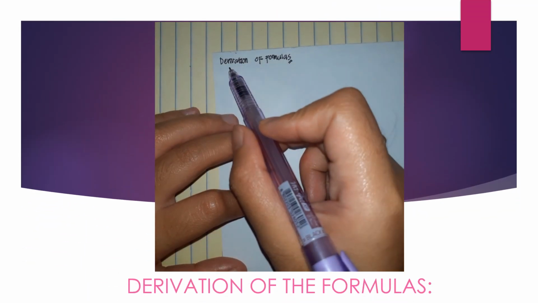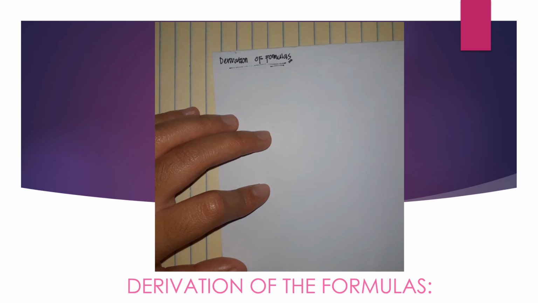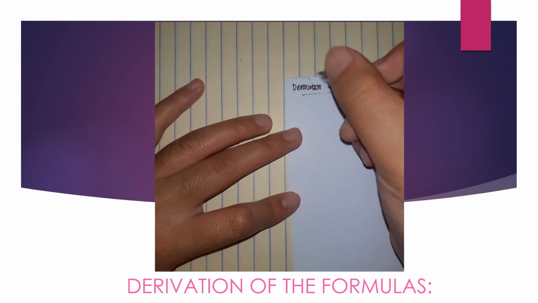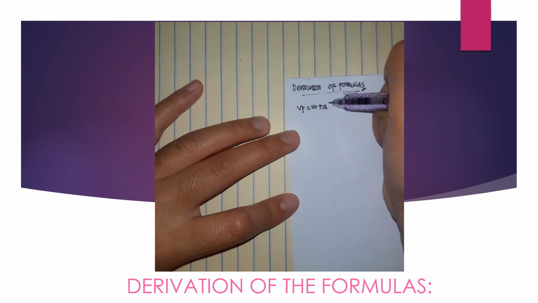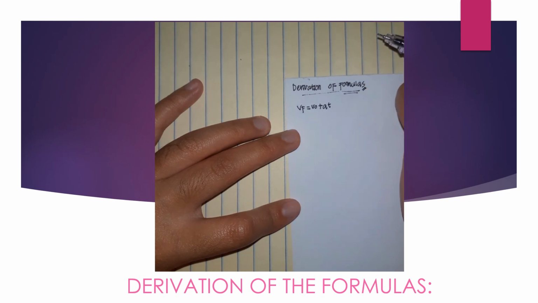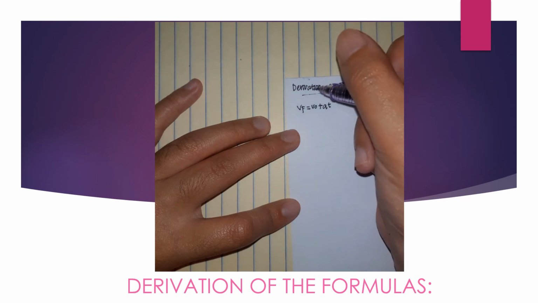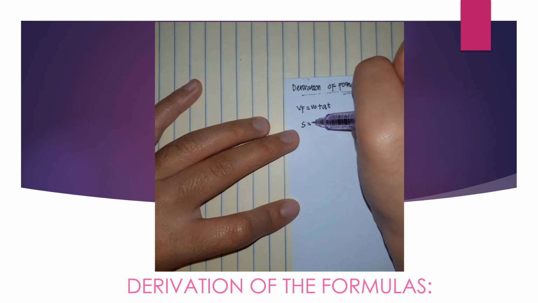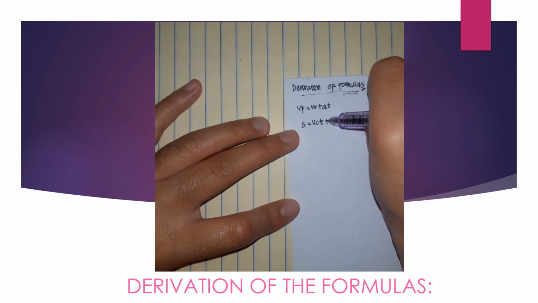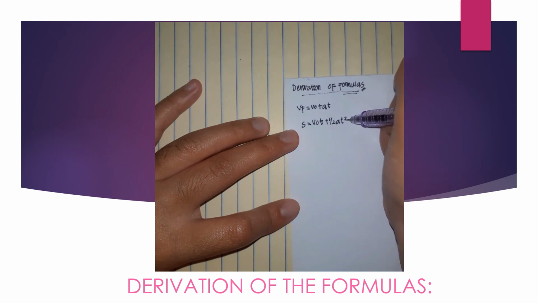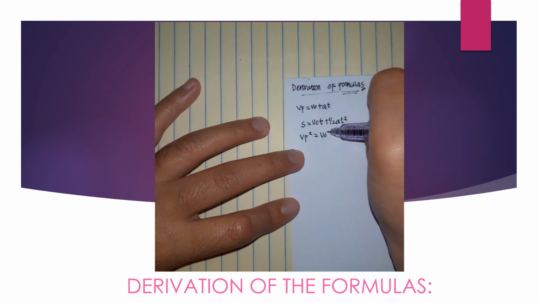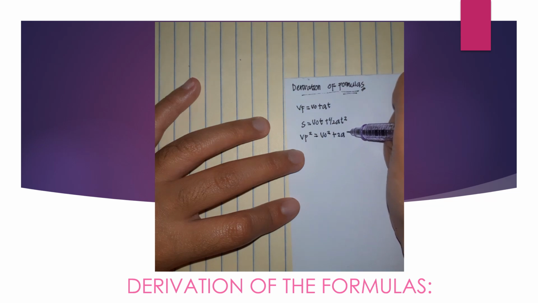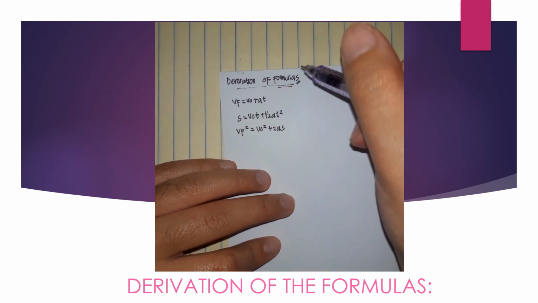Now I'm going to show you the derivation of the formulas. These are the formulas from the uniform acceleration, and I'm going to show you how we come up with these formulas using the formulas of variable acceleration: v final = v initial plus at, s = v initial t plus 1/2 at squared, and v final squared = v initial squared plus 2as.